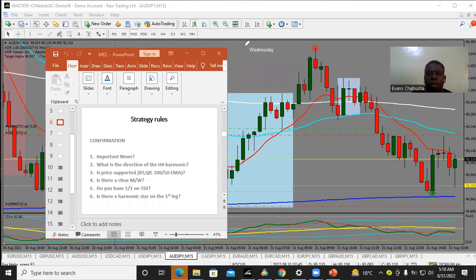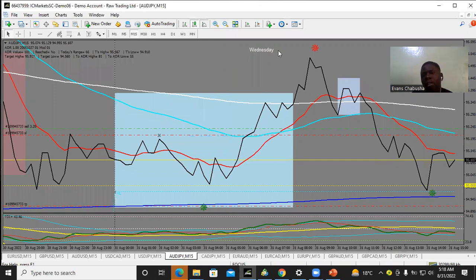Sometimes if you're having trouble seeing if this is a clear M or a clear W, what you can do is activate this line graph. So all the candles will disappear, and what you have there will be just lines like this. So this is our focus point.